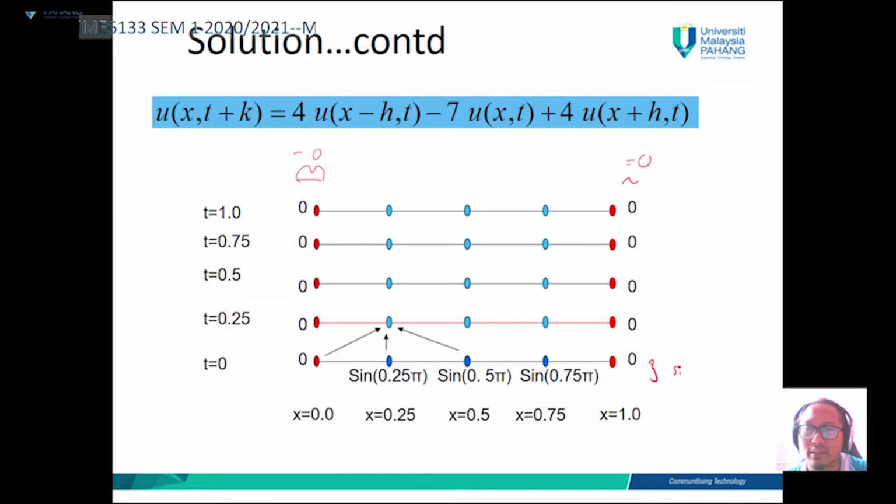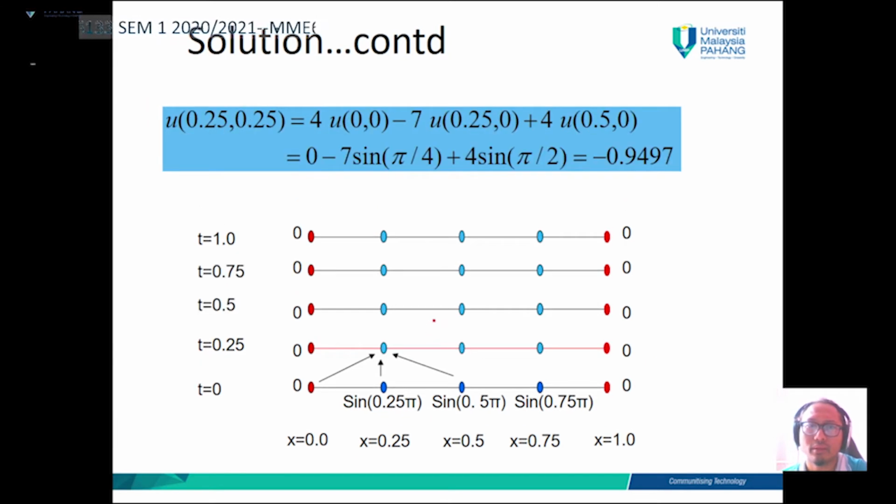So we only have to determine the 12 nodes that are inside, the interior nodes inside the rod and inside the time interval.